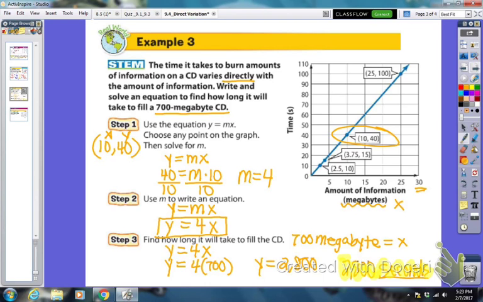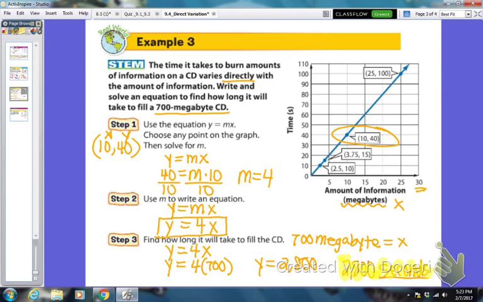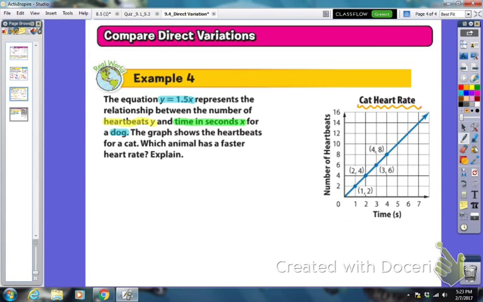And lastly, we can compare to direct variation. So this graph on the right talks about a cat's heartbeat. And I know some information about the time and the number of heartbeats. The equation y equals 1.5x represents the relationship between the heartbeats, which is y, and the x represents the time in seconds for a dog.